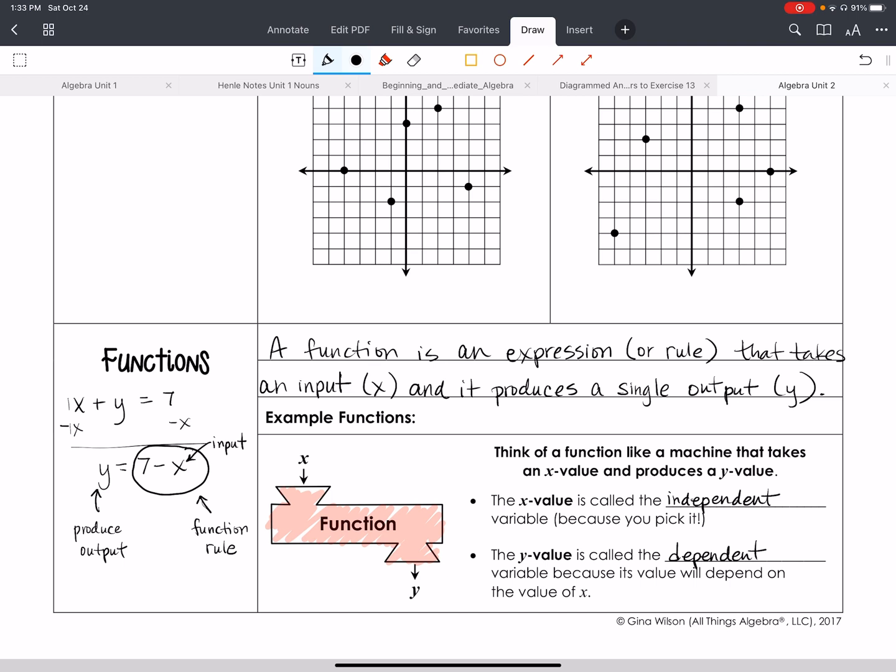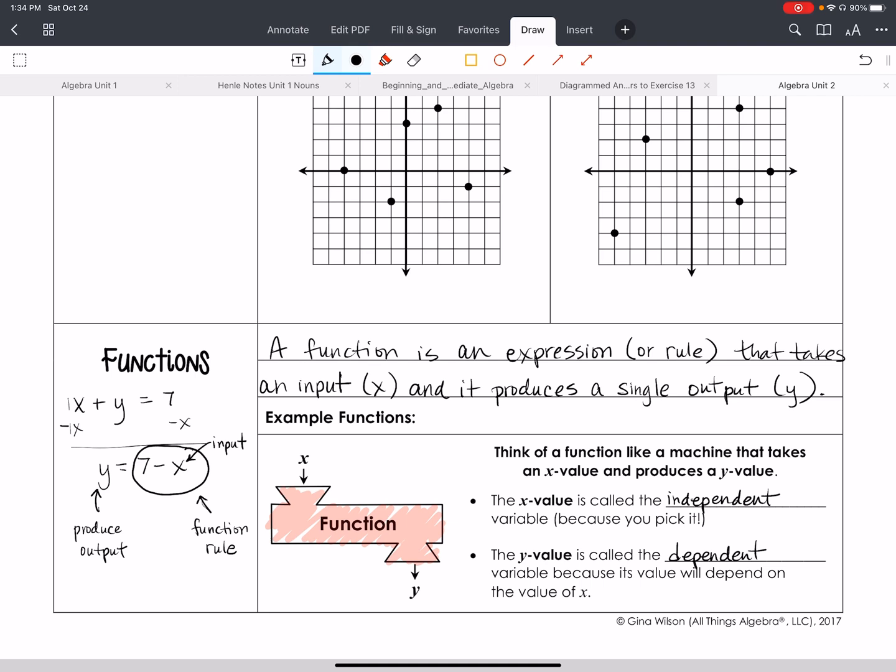Because we're going to have some sort of algebraic expression that's going to be our function rule, if I put in a 3 for my input, I'm never, ever going to get anything other than a 4 for my output in our little example function.